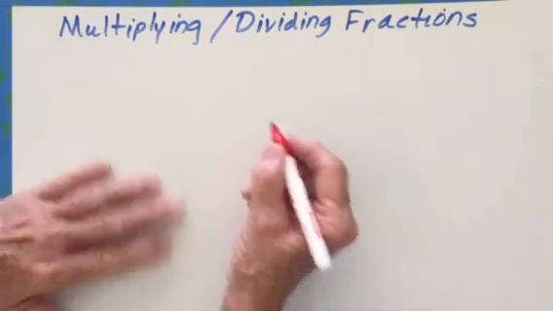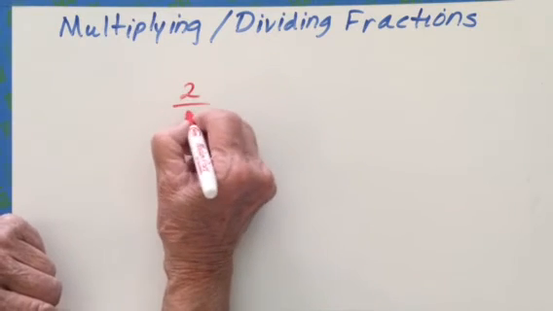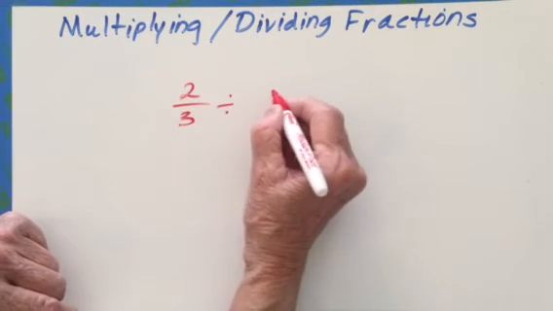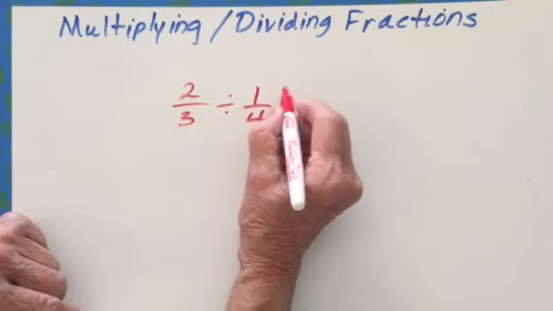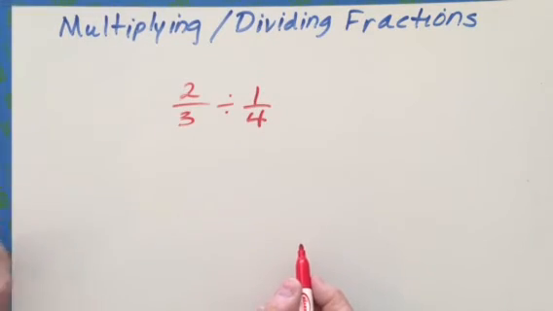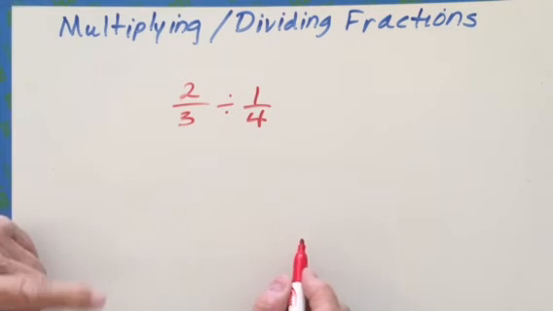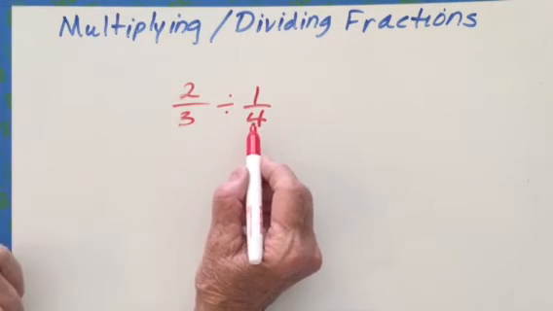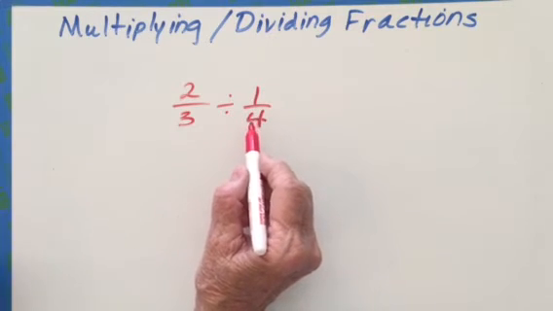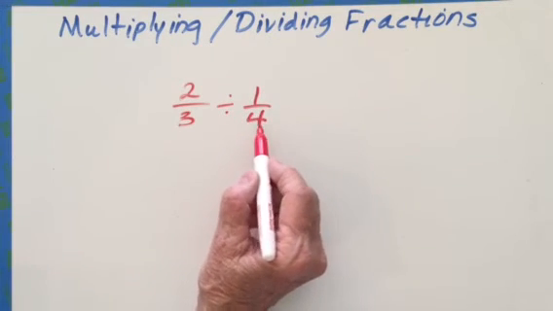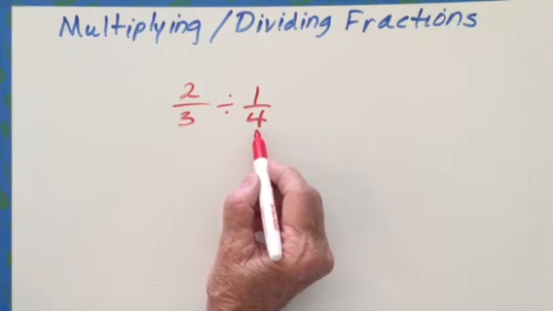If I say 2/3 divided by, I don't know, 1/4, I can't do that until we call it flip the second number. Or the correct way to say it is we multiply by the reciprocal of the second fraction.